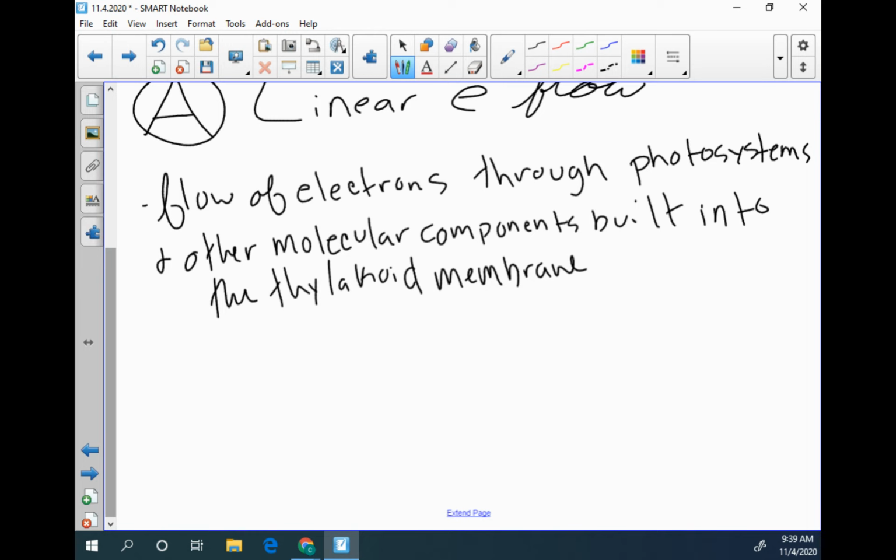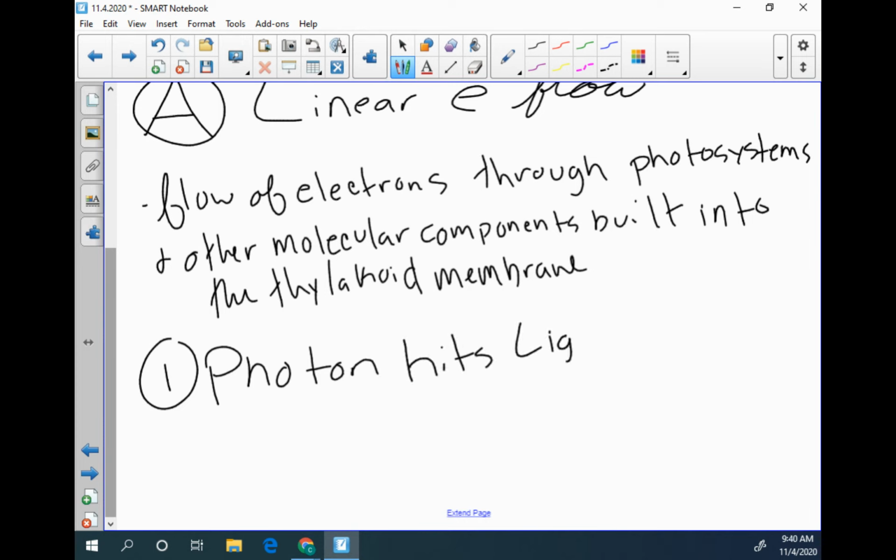is that the photon is going to hit a pigment in the light harvesting reactions of photosystem 2. So photon hits light harvesting center or complex in photosystem 2.